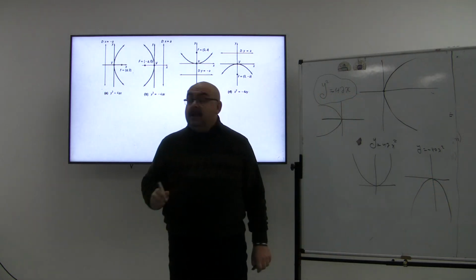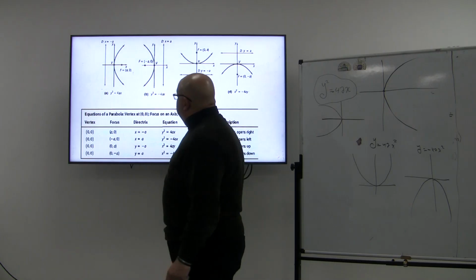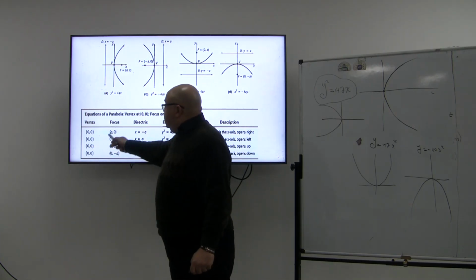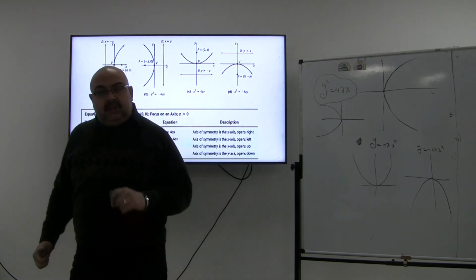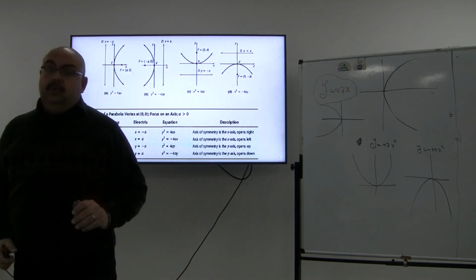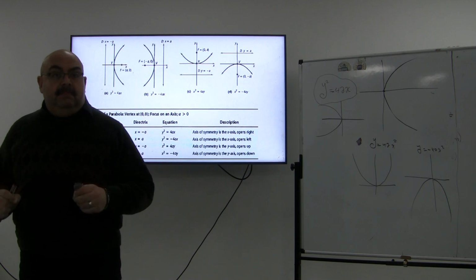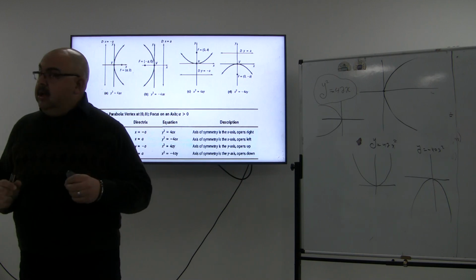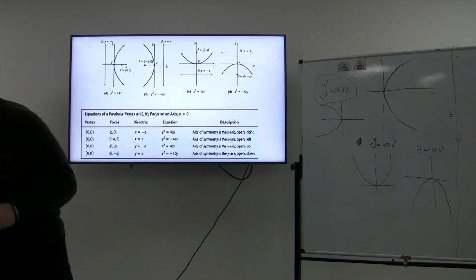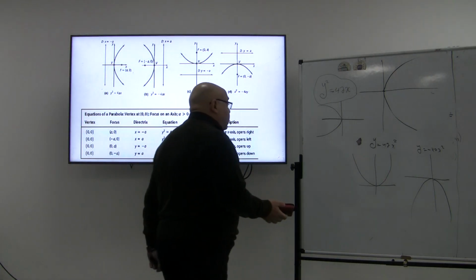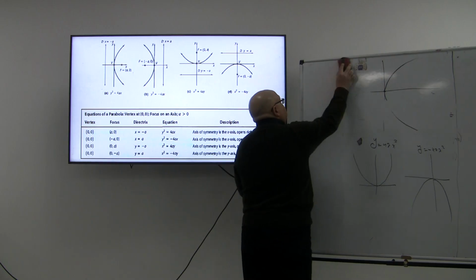Those are the four shapes, and here are the vertices, the focuses, the directrices, the equations, and everything. What I really do care about is how to grab the shape, or how to imagine the shape of your parabola. So for the time being, I have an ellipse, circle, hyperbola, and parabola.